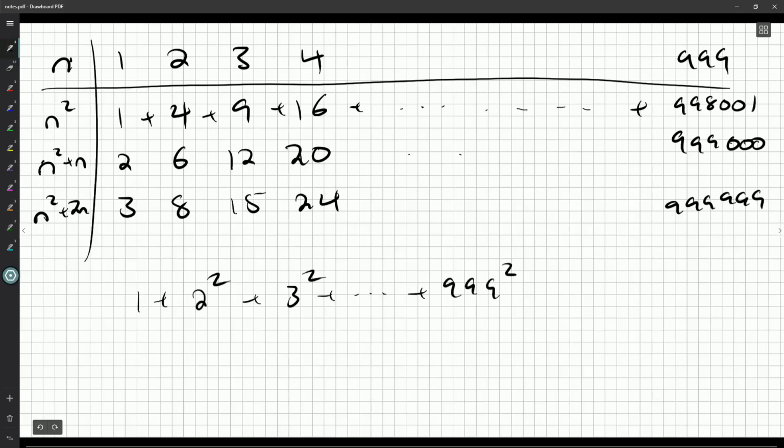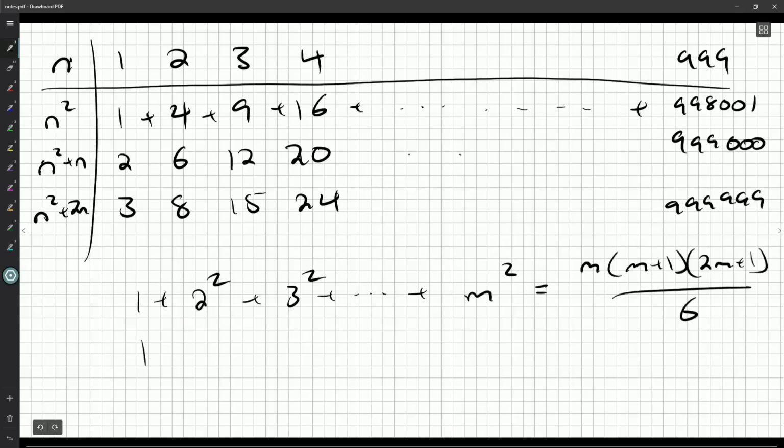And there's a formula for that. If we were to go up to... what's a letter we haven't used yet? Let's say m squared. The formula for that is m times m plus 1 times 2m plus 1 all over 6. Nice little formula to know. The sum of the natural numbers is good. I think I'm about to use that in a moment.